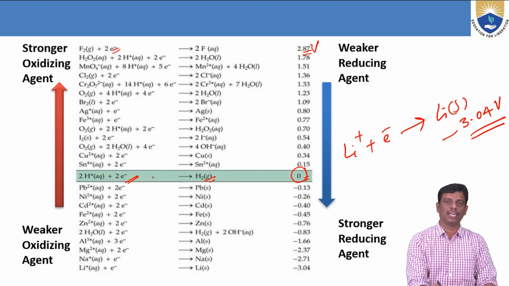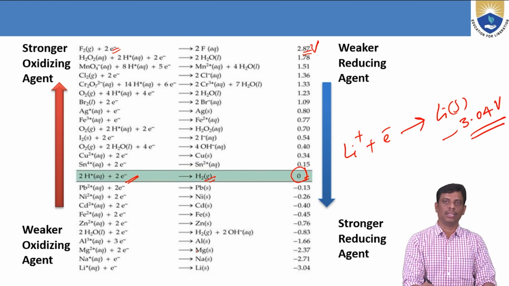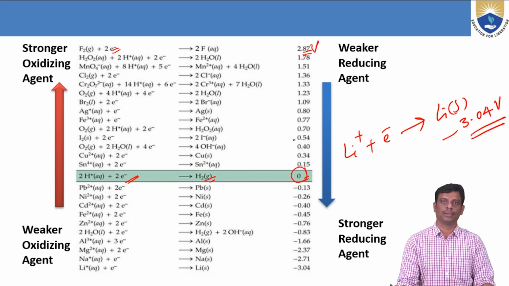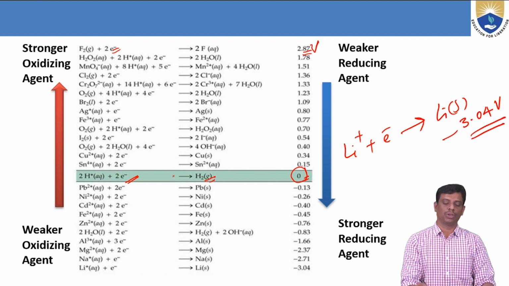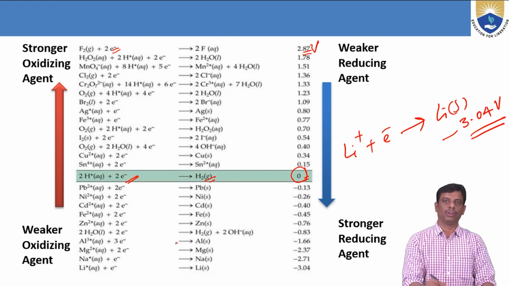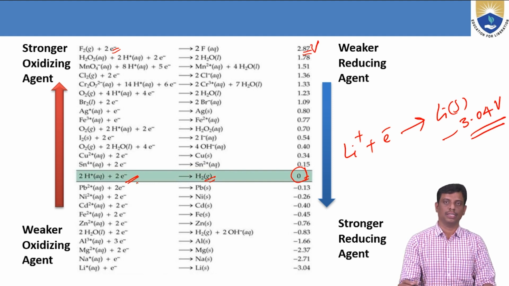Using this hydrogen electrode, we measure the reduction potentials of the remaining metals and non-metals. We take the reduction potential of hydrogen as the reference and measure the various elements, metals and non-metals.